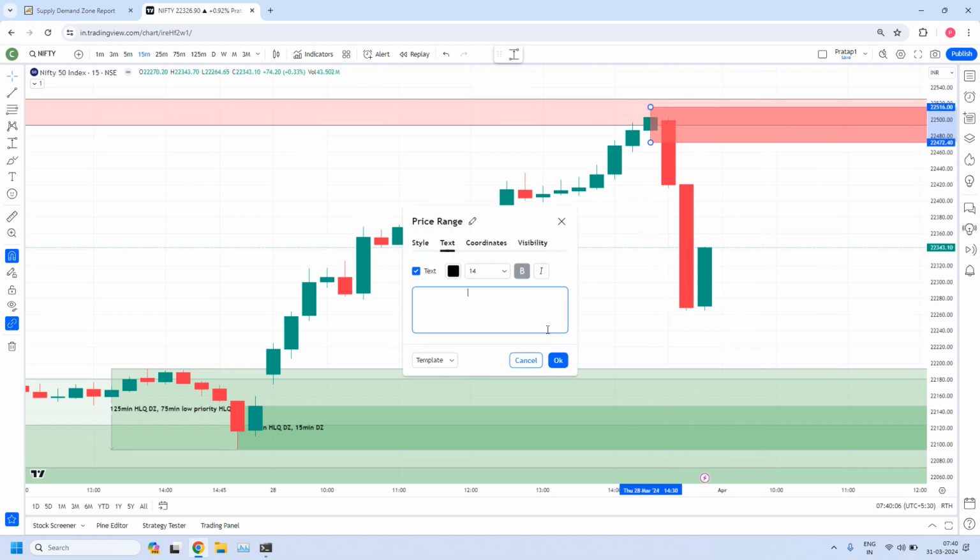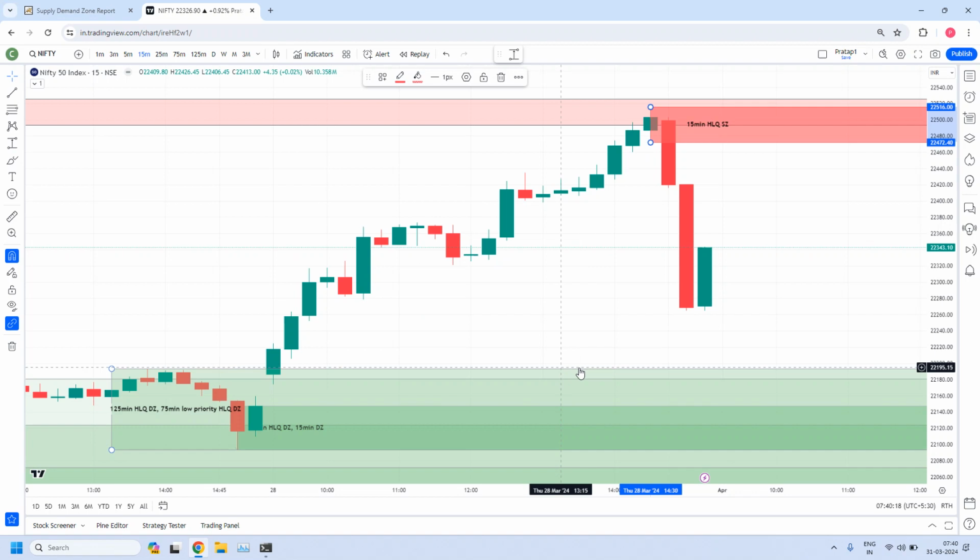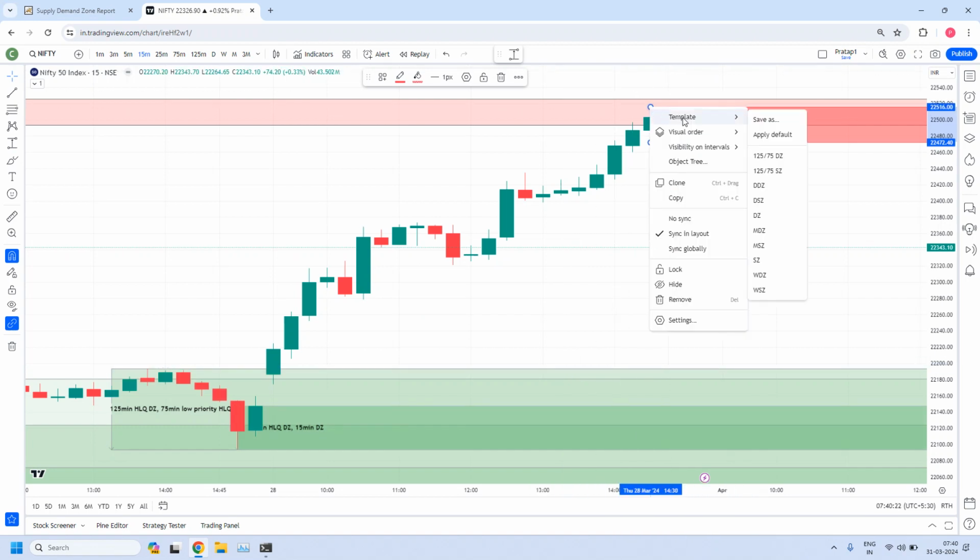This is a 15 minutes high liquidity supply zone. I will give a little light color because 5 minutes later we need to fine tune inside.